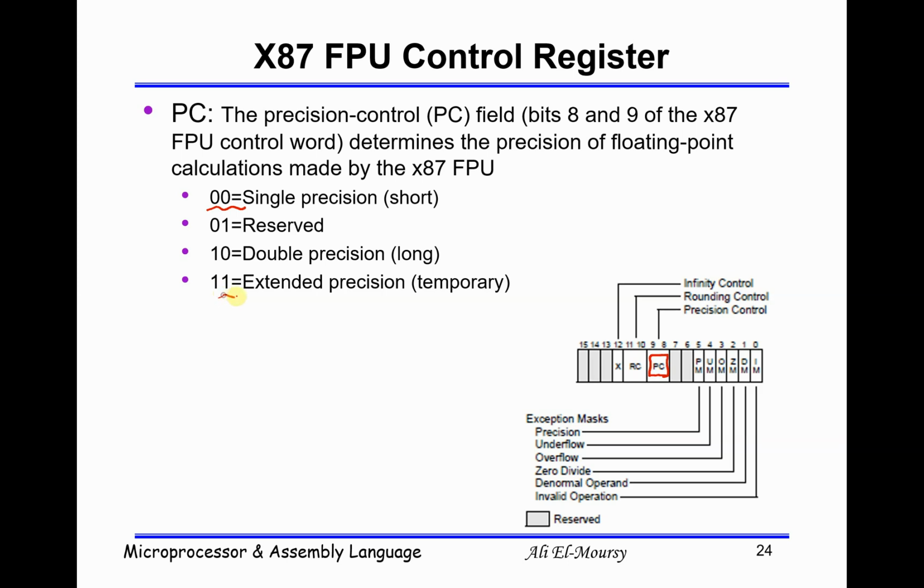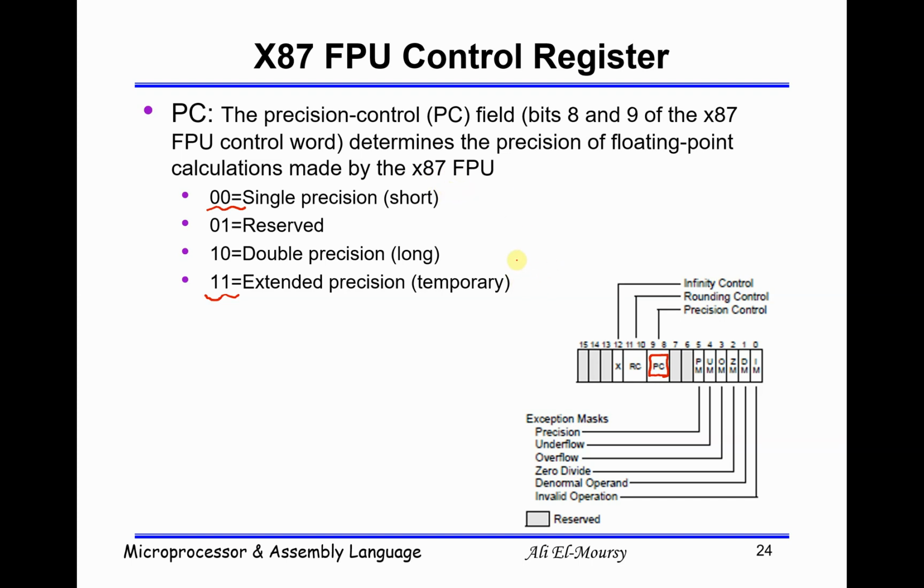Definitely the dilemma here is between the accuracy of the calculations that I do, and on the other side, the speed of the computations and the memory that I am reserving for the different parameters in my data segment. This is what motivates me to choose between the smallest, single precision, and the extended.